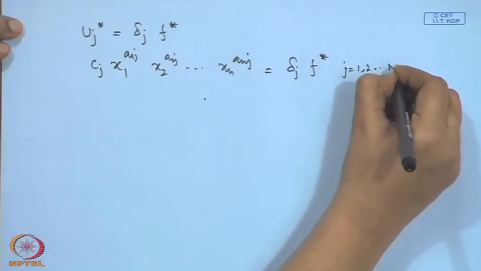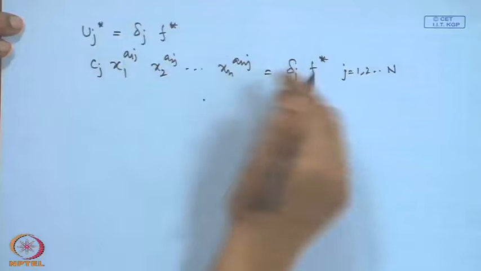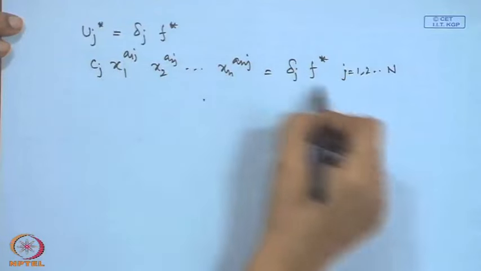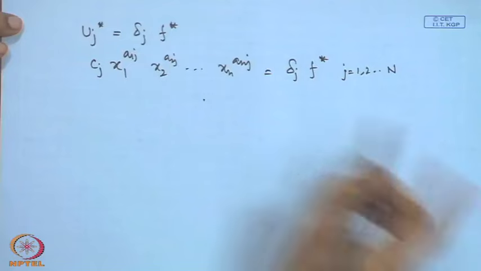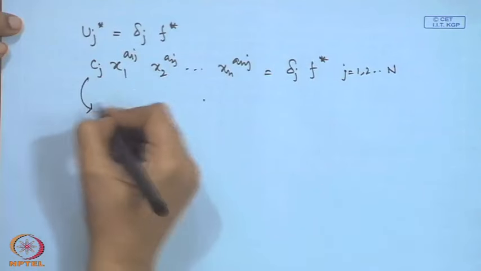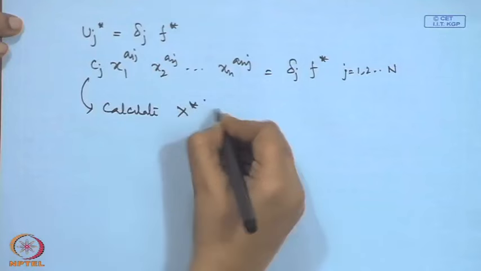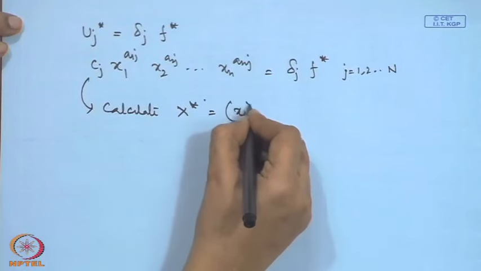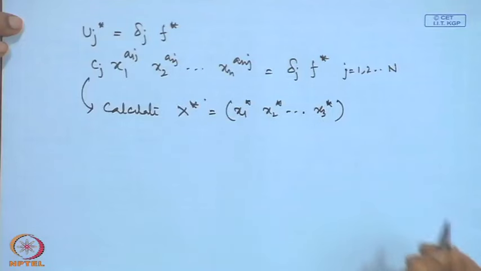That depends on the number of terms. As many terms as we have, capital N, we will have that number of equations here. These are all nonlinear equations. From there we calculate x star, that is the optimal values x1 star, x2 star, x3 star.